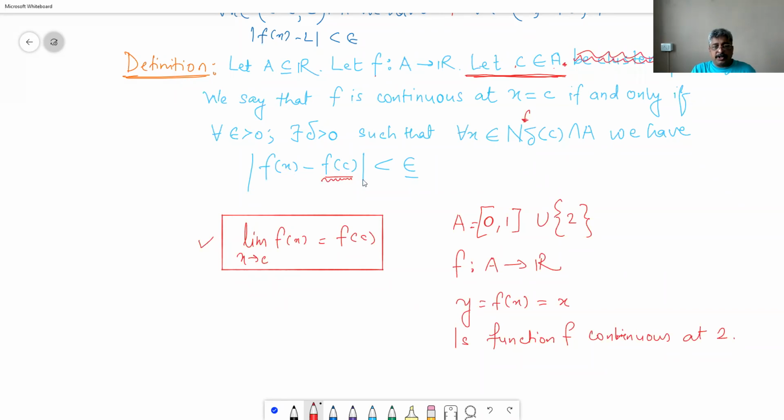Yes, and the value of the function f of c is going to be 2 in this case. However, now I might write the function like this. Understand? f of x is equal to x if x belongs to 0 to 1.